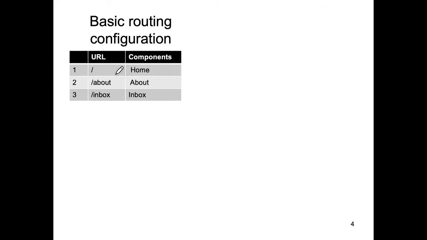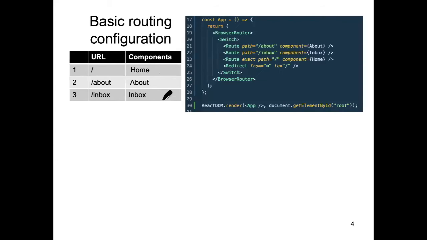So that's my objective. I have 3 views, 3 pages with these specific URLs, and these are the components that I want to have at the top of my hierarchy at any particular point in time. So how do I express that programmatically? The answer is I do it like this. You can make sense of it, and this is very similar to what you had in last week's lab.